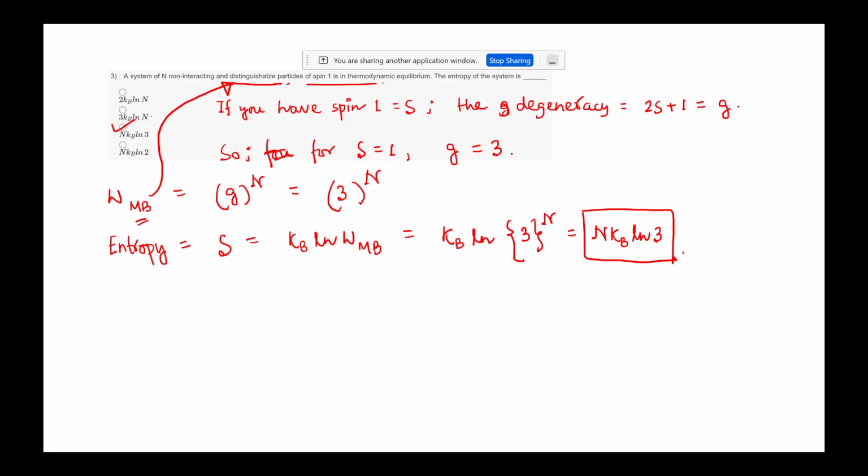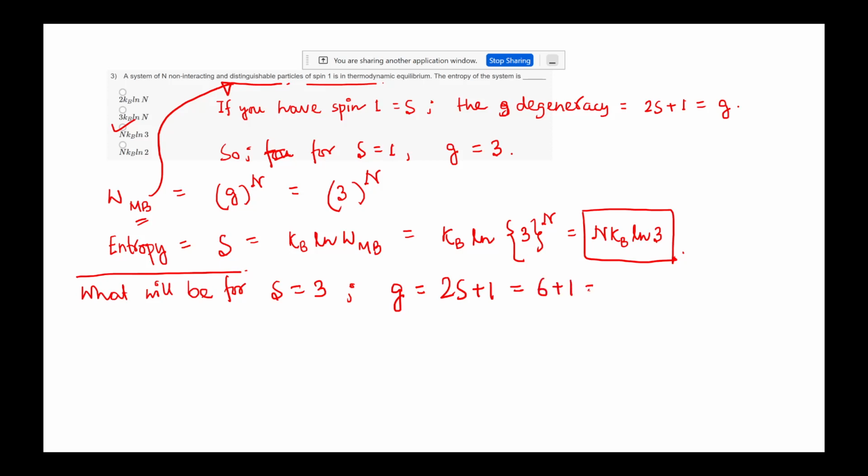Now I can ask you one extension problem. Using the same thing, what will be the entropy for S equal to 3? Then we just need to calculate G, which is 2S plus 1, that is 6 plus 1, that is 7. Using the same method, and that needs to be distinguishable, right?